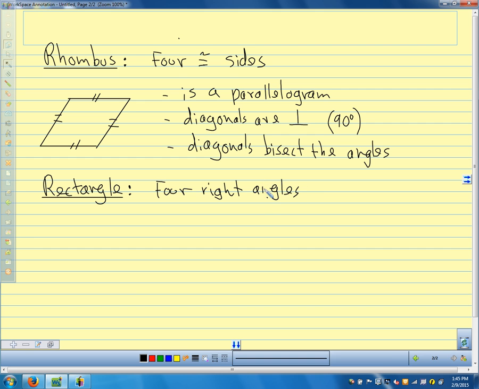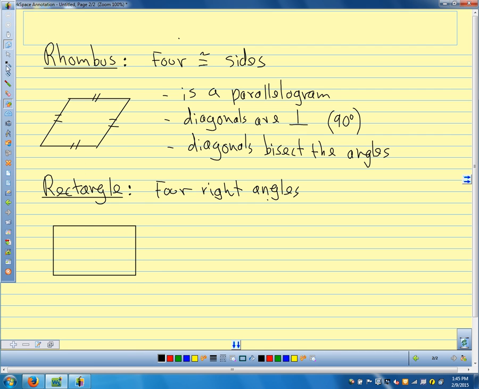So we're getting more and more specific as we go down the graphic organizer. So a rectangle looks like so, and all of these are right angles. A rectangle is a parallelogram.